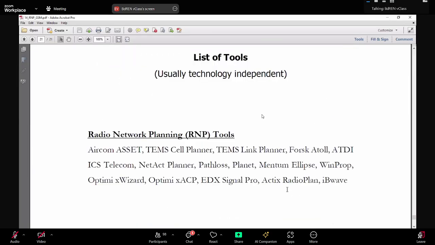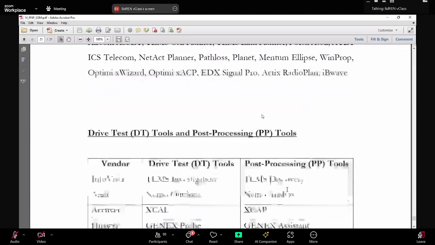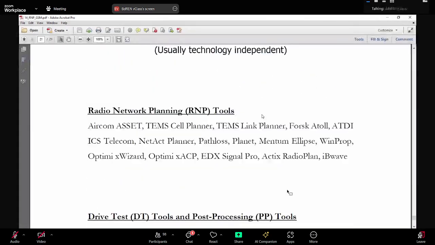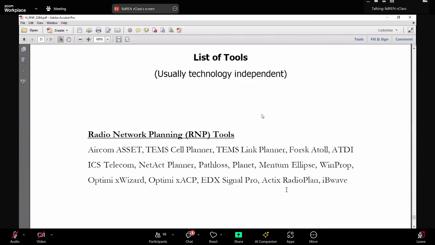Okay, finally, we are listing here some software tools used in the current market. For this radio network planning, different types of tools are used. It's a basic type of RNP tools, but in addition, there are some simulators that can be used to optimize a few things.